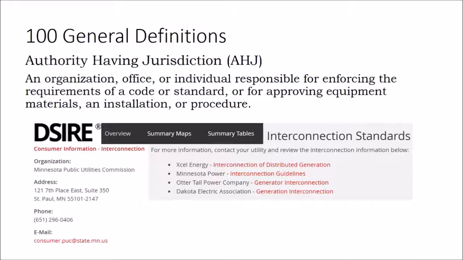Well, the DSIRE website is a good starting point. You can look at the interconnection standards in your area, and usually that will lead you to contact information on who to follow up with to determine who the utility is in your area and what the interconnection requirements are.